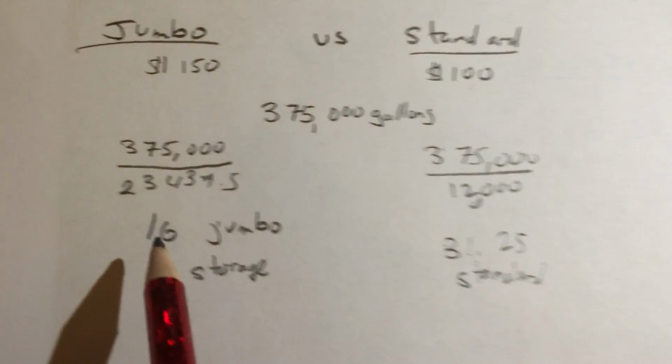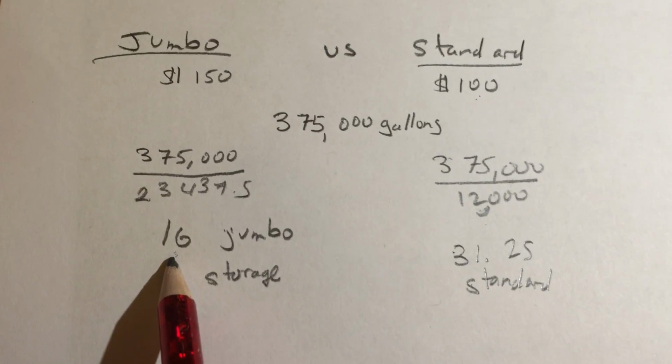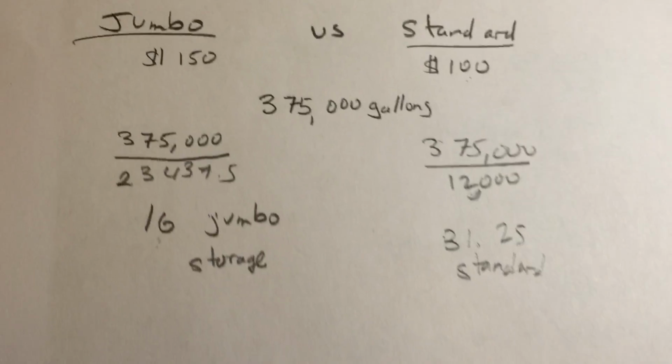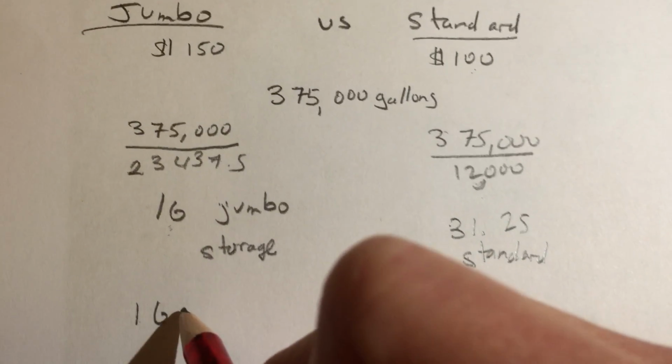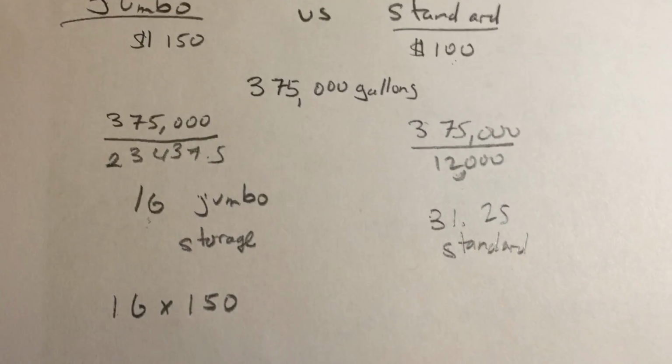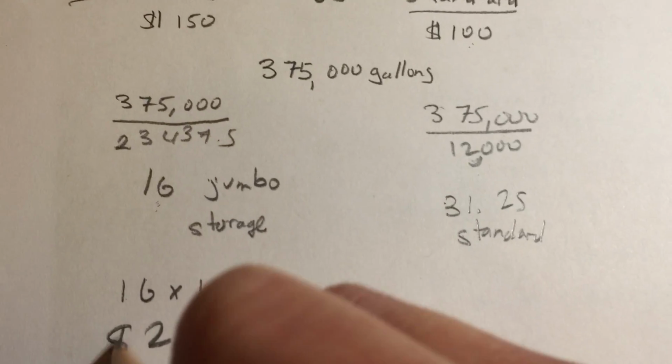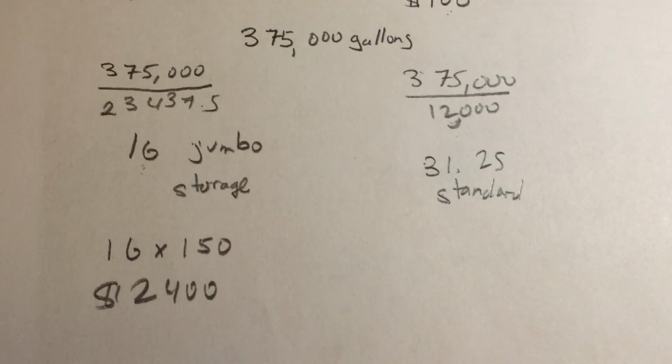All right. So if I take 16 jumbo tanks and multiply by 150 each, I am about to spend $2,400, right? Seems like a lot of money.